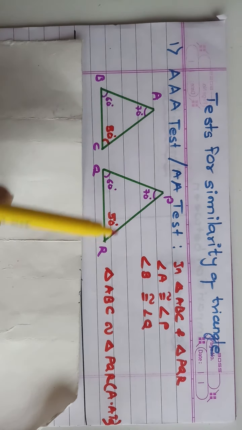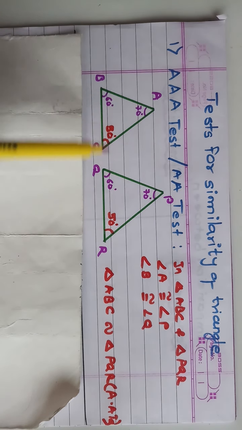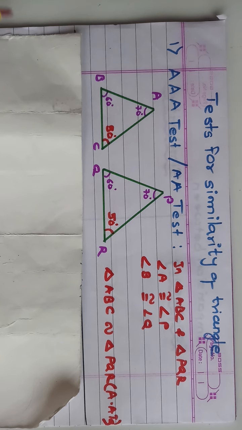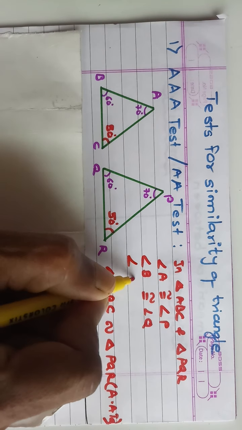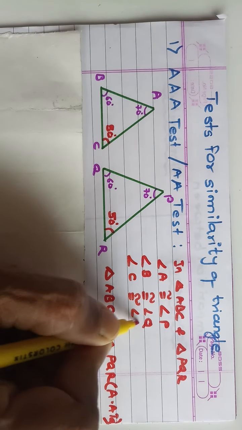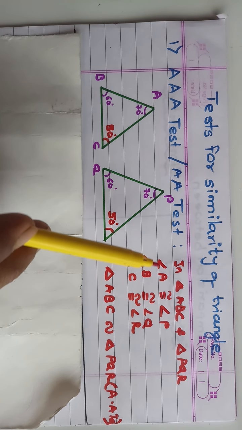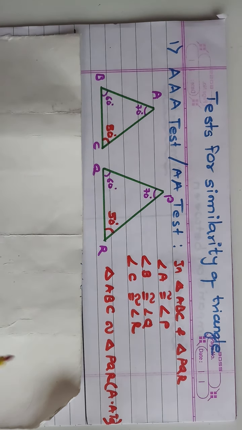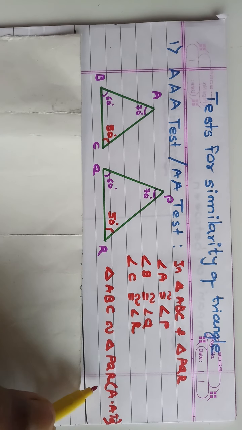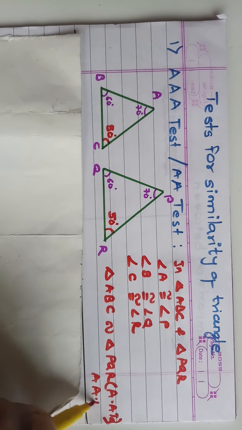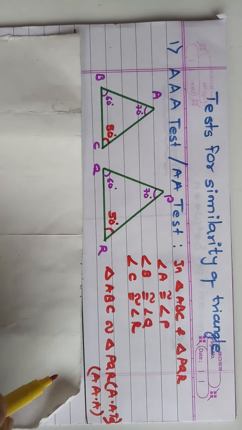Now in these triangles all the three corresponding angles are congruent. So we can write here angle C is congruent to angle R. Now the same test will become here A test, angle test.